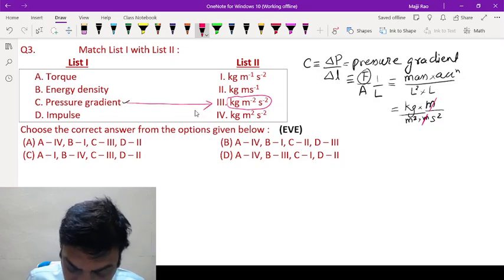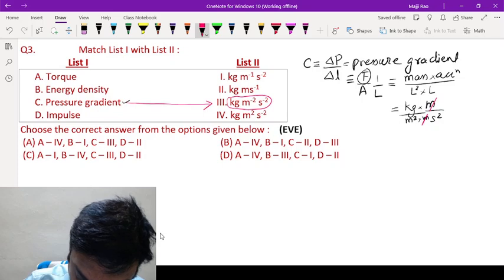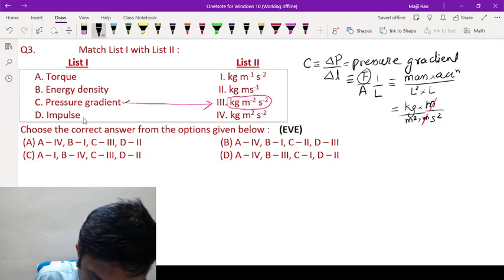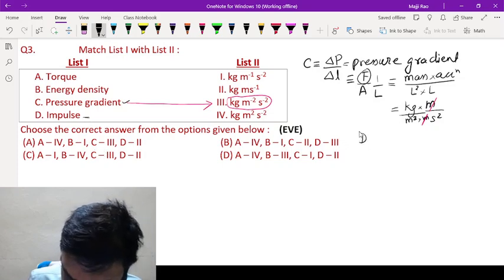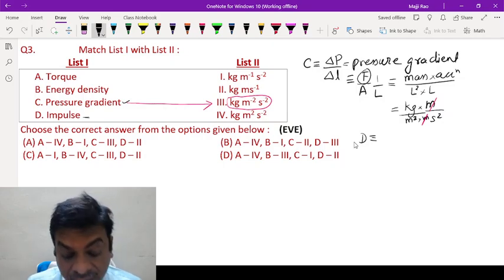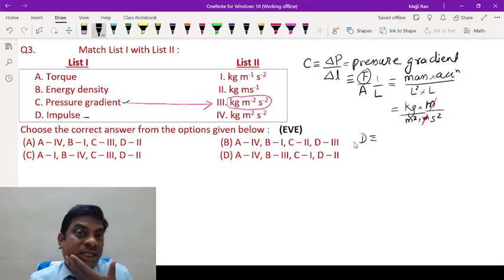Okay, then coming to D. D stands for impulse. Now impulse is equal to change in momentum. Impulse momentum principle: impulse is equal to change in momentum, and dimensionally change in momentum will be equivalent to momentum itself.